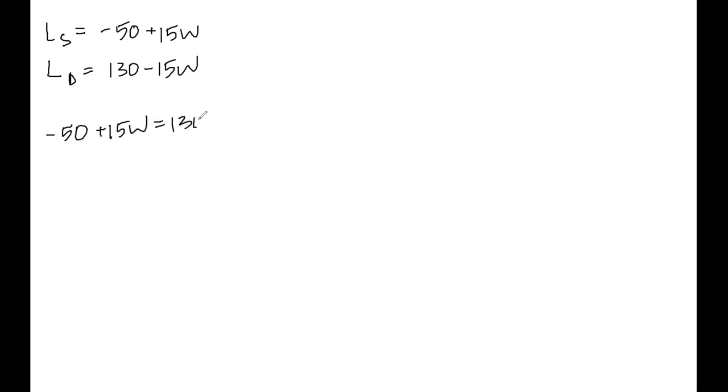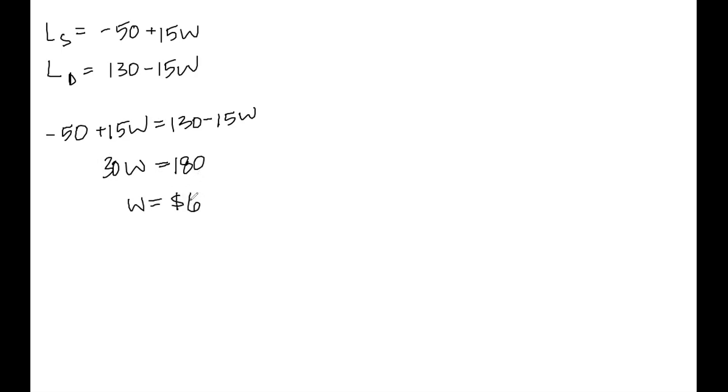equals 130 minus 15W. So then adding 15W to both sides, we get 30W on the left, and then adding 50 to both sides, we get 180 on the right, and then dividing by 30 on each side, we get W equals $6.